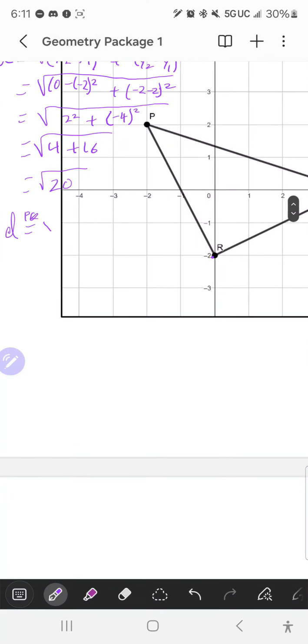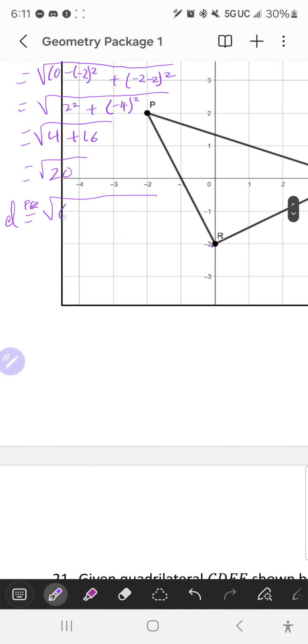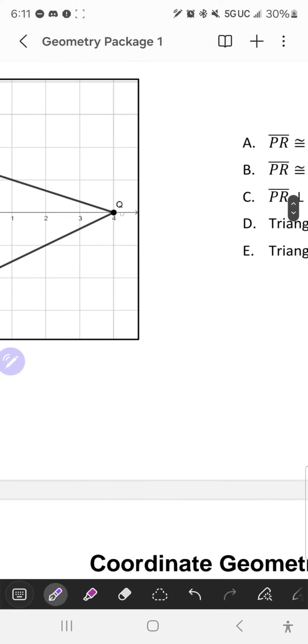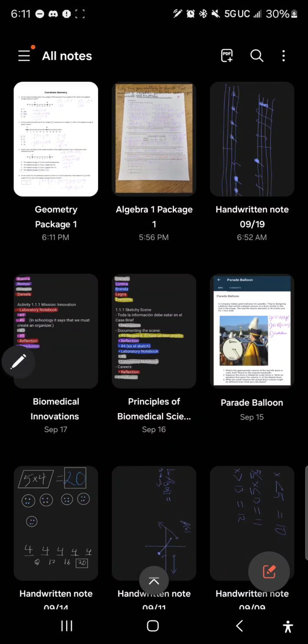We have the square root of x2, which is 4, minus x1, which is negative 2, so 4 minus negative 2, squared, plus y2 is equal to 0, so this is going to be 0 minus 2 squared.